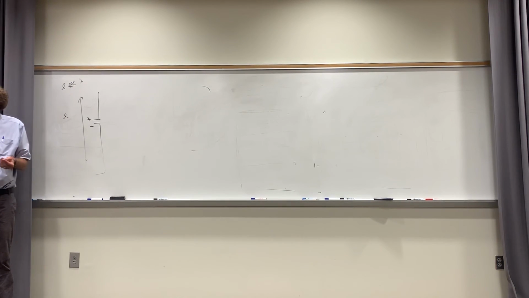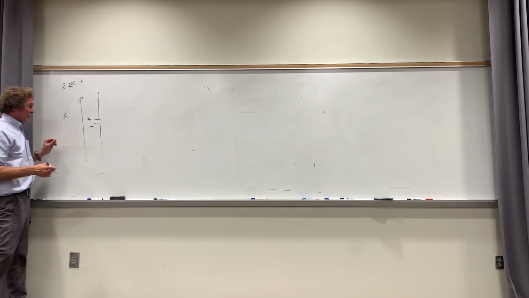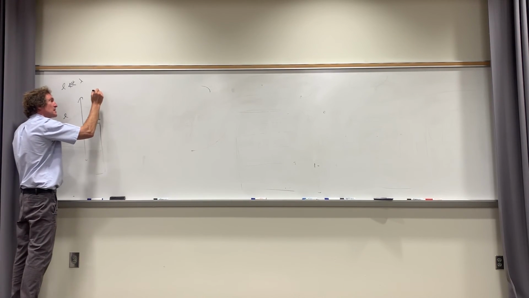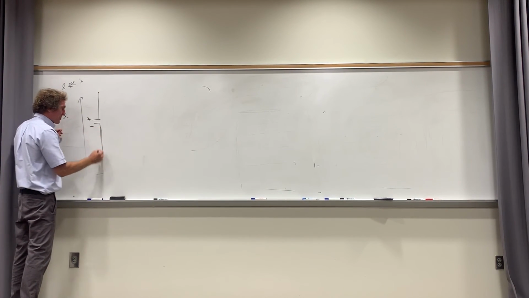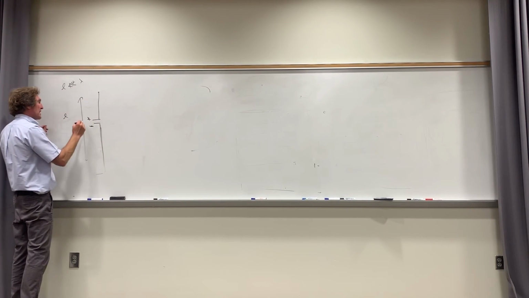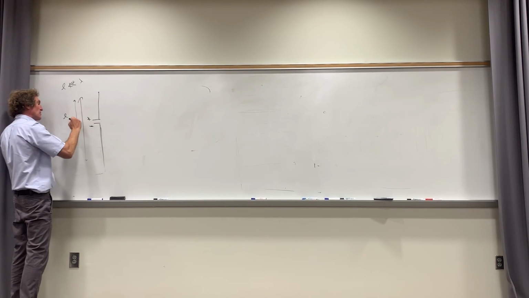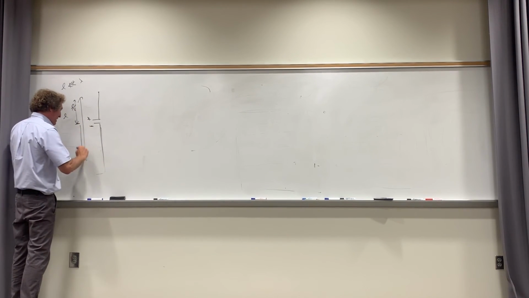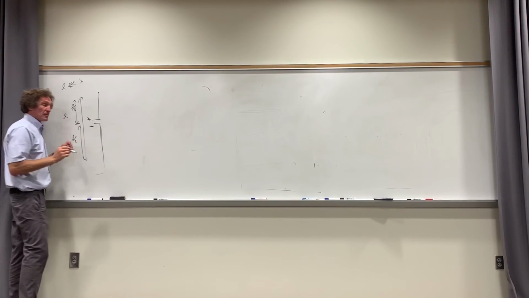So it's long. Now, this is the assumption we have to make. We have to assume that the current at this end is 0 and at this end is 0. Let's assume this total length is L. That means from here to here, it's L over 2. This would be L over 2. And from here to here, it would be L over 2 too. Do you agree with me?